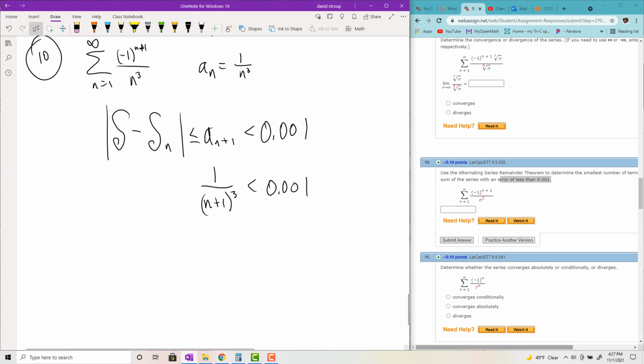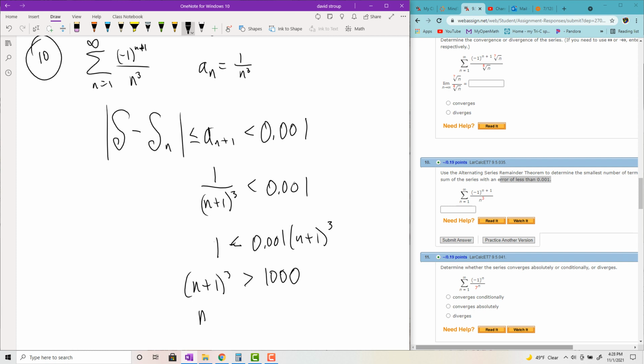But you could solve it just by going 1 has to be less than 0.001 times n plus 1 cubed. Flip-flop the sides, divide by 0.001. n plus 1 cubed is greater than 1 over 0.001, which will be 1,000.